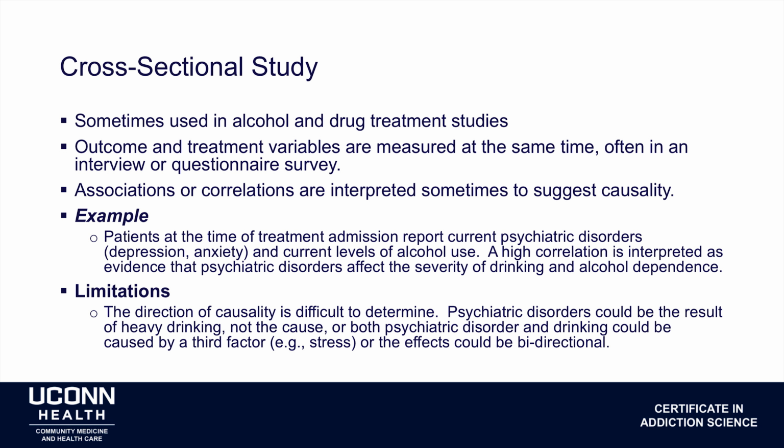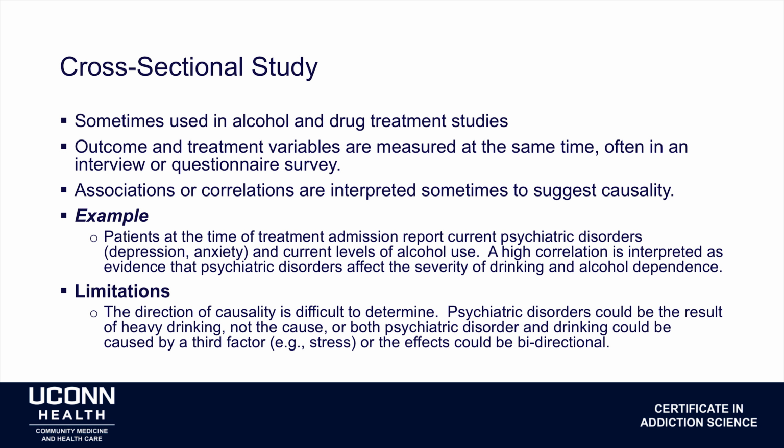Or we could interpret it as being an indication that people who use substances more intensively develop more psychiatric symptoms, particularly anxiety and depression, which is manifested during withdrawal, and that the drinking is driving the psychiatric disorder rather than the opposite.